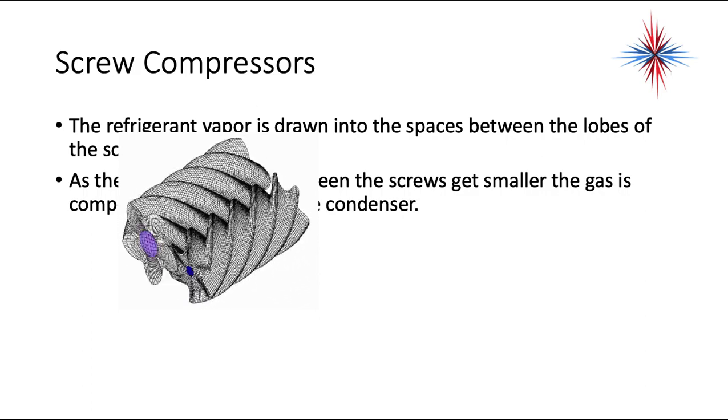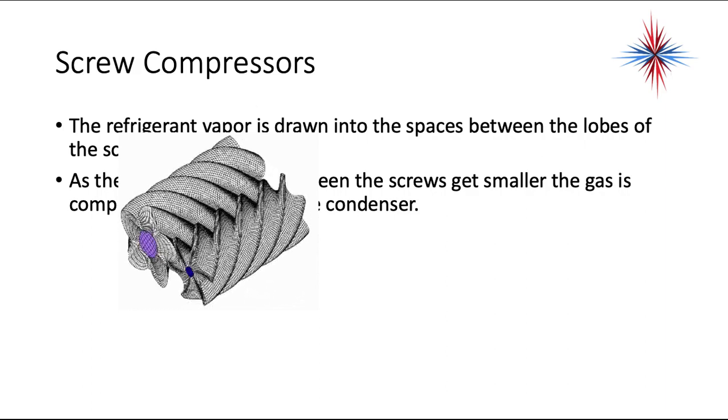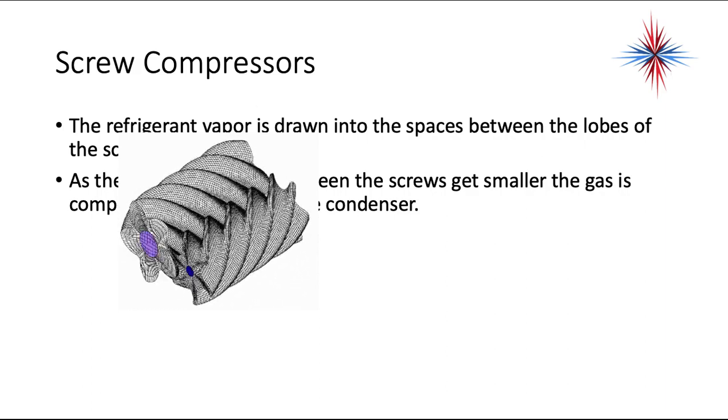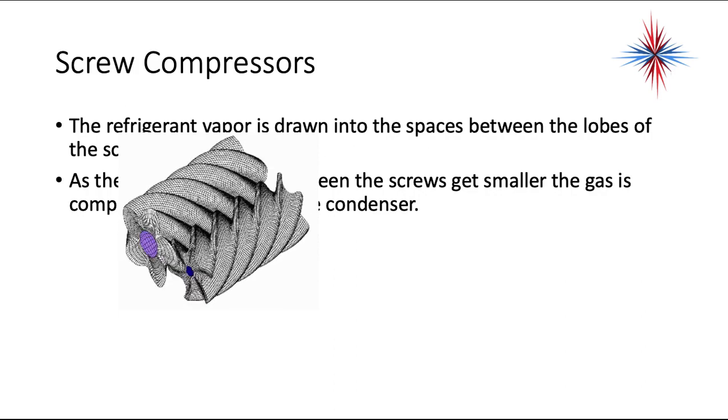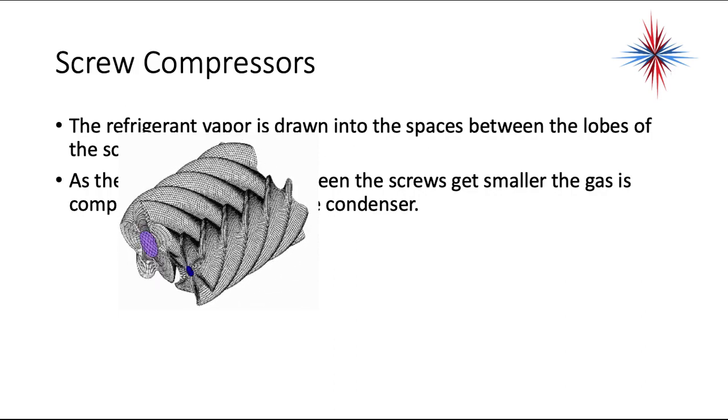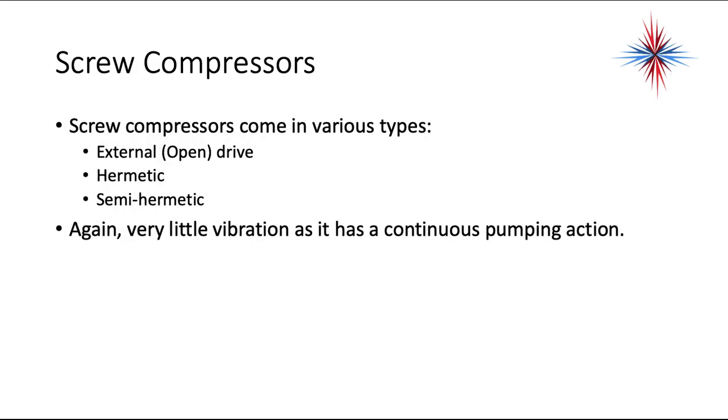Okay, as the screw gets smaller, the gas is compressed into the condenser. And that's the action you see of the 2 helical screws. Screw compressors come in various types. You have an external or open drive, you have a hermetic, and you have a semi-hermetic variety. Again, very little vibration as it has a continuous pumping action.